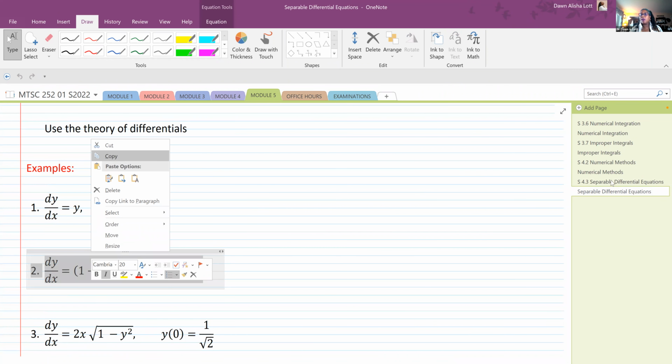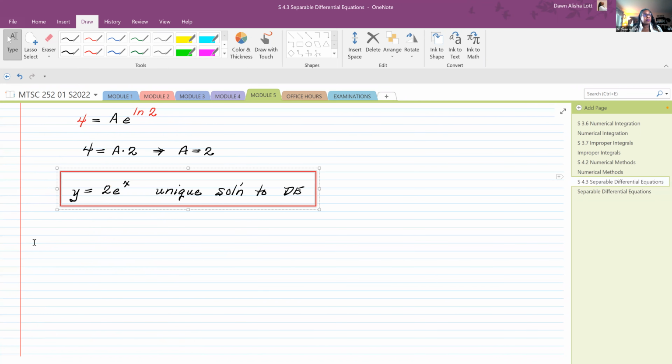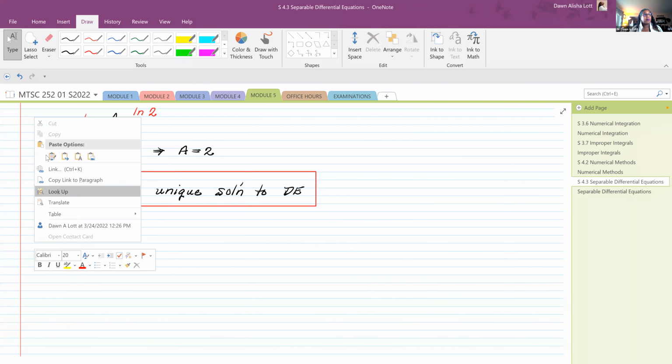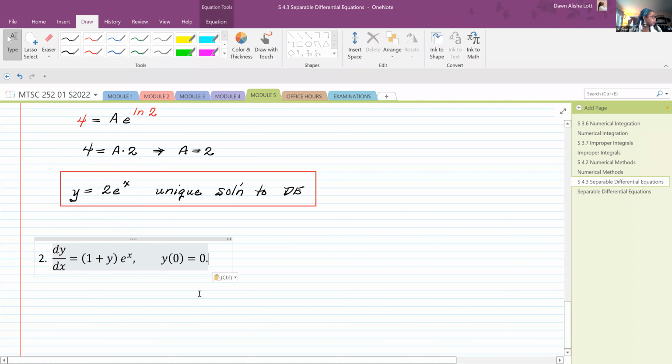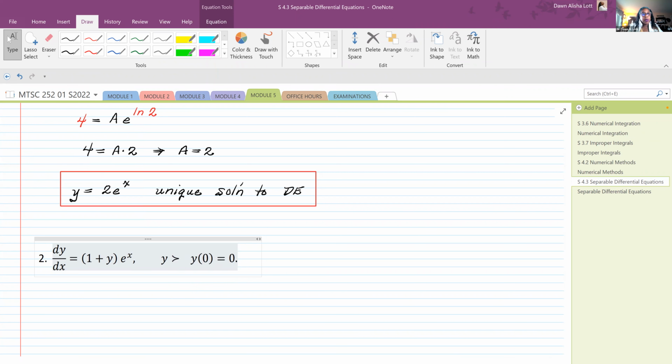Okay, here is our next example. And I do realize that I forgot a condition. So let me put my condition in here. My condition is y has to be bigger than -1.